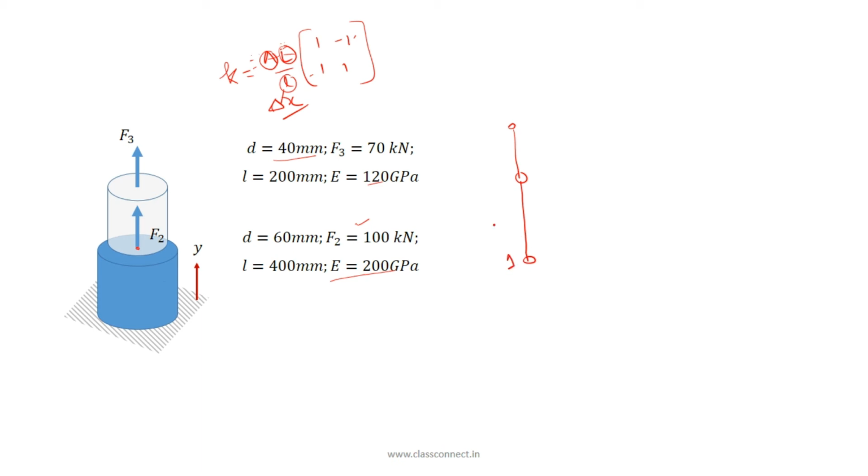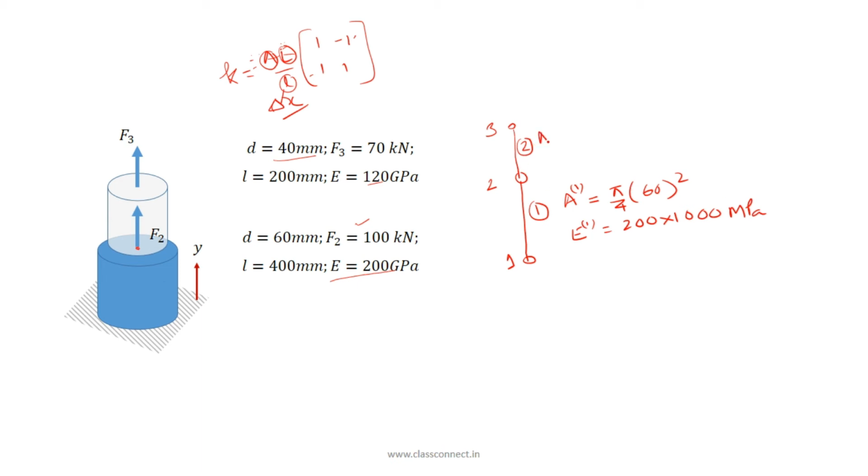This is node number 1, node number 2, node number 3. This is element number 1, element number 2, and the properties are: A1 is equal to pi by 4 into 60 square, and E1 is 200 gigapascal, and in this we will be substituting 200,000 megapascal for the Lisa software.